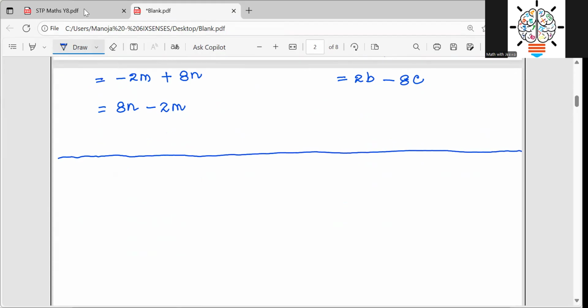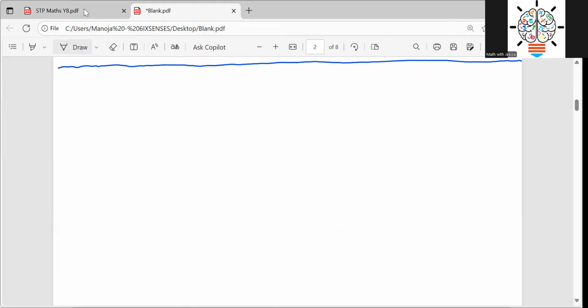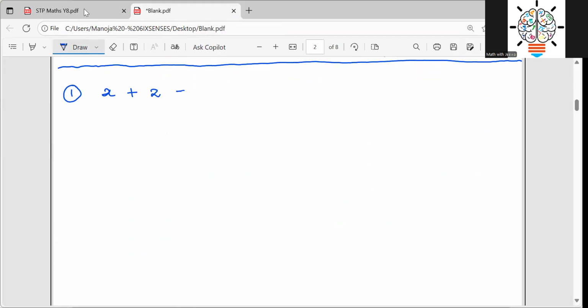Solving equations. So this is the first one I write. If you have x plus 2 equal to 6, and you want to keep x alone, you send that plus 2 to the other side as minus 2, and x is equal to 4. Always keep that in your mind, children.